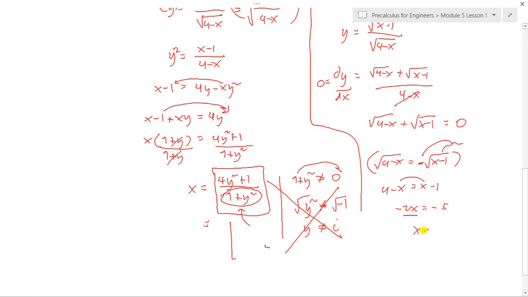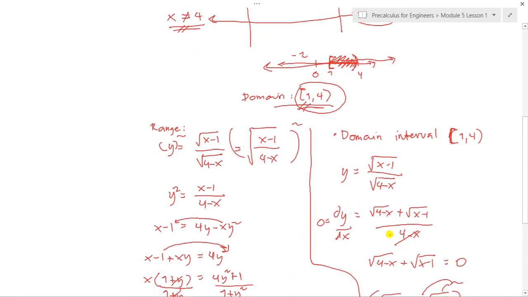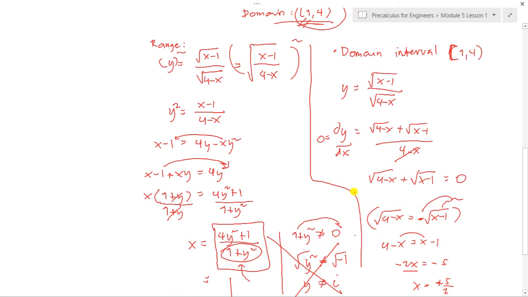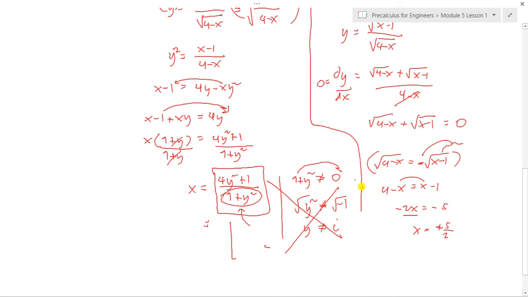Again, this is not negative 5, but positive 5 halves. So therefore, y is either maximum or minimum when x is 5 halves.